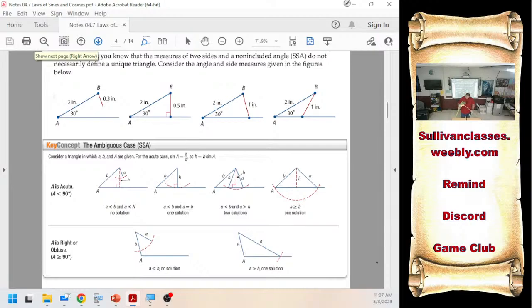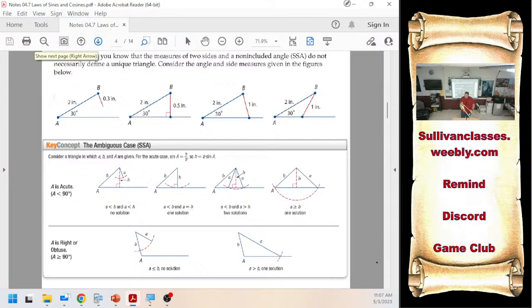What if I were to weld this angle in place? But this one isn't locked in place, right? Angle, side, side. Can't I still make a triangle like this?